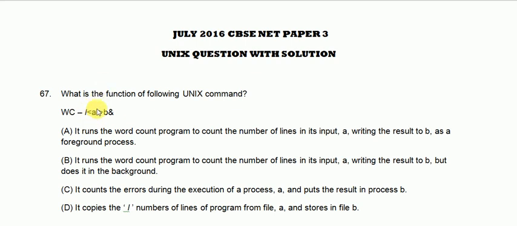Here the less than character and A mean we have to take the input from file A for this particular command, that is, calculate the number of lines in file A. Then we store the output of this command in file B, because the greater than sign, the output redirection operator, is given.